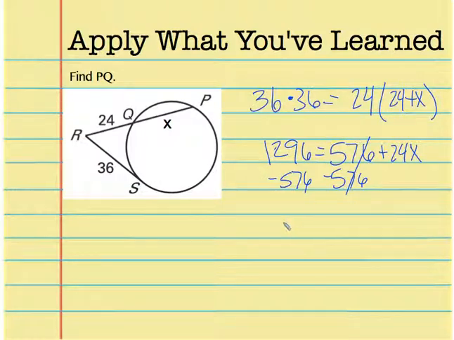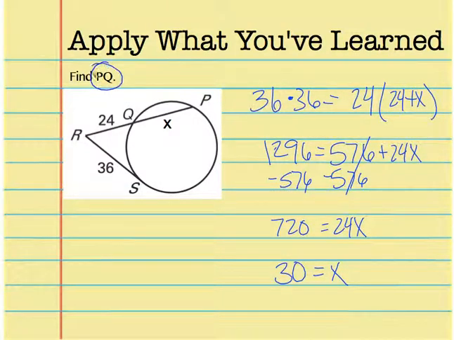Get 720 equals 24x. Divide both sides by 24 and you get 30 for x. And it asks for PQ, but since x is 30 and PQ is x, we'll just say PQ is 30.